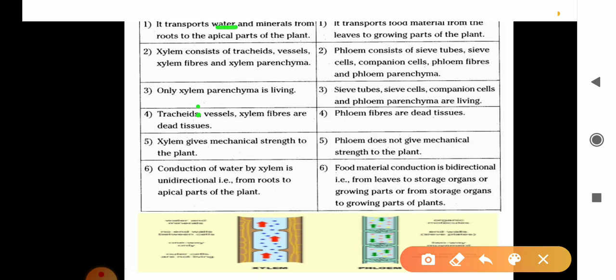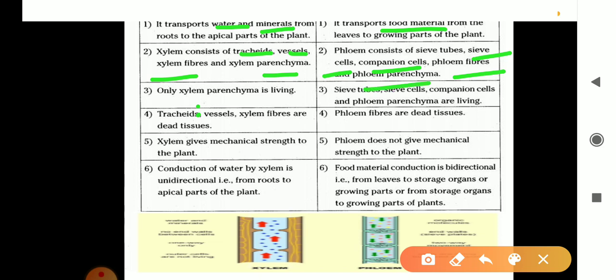Xylem transports water and minerals, whereas phloem transports food material. Xylem consists of tracheids, vessels, xylem fiber, xylem parenchyma, or we can say xylem fiber means xylem sclerenchyma. Phloem consists of sieve cells, companion cells, and two are common, phloem fibers and phloem parenchyma.